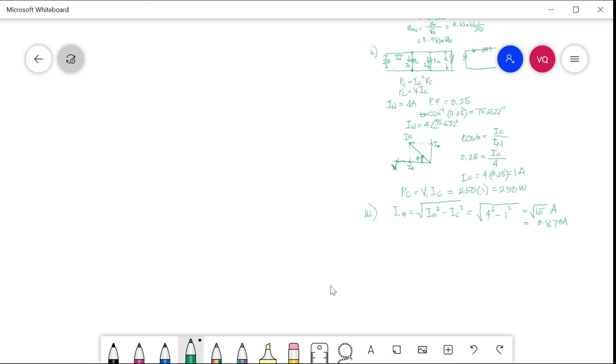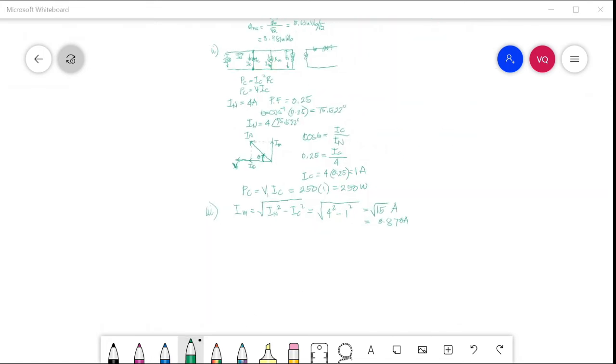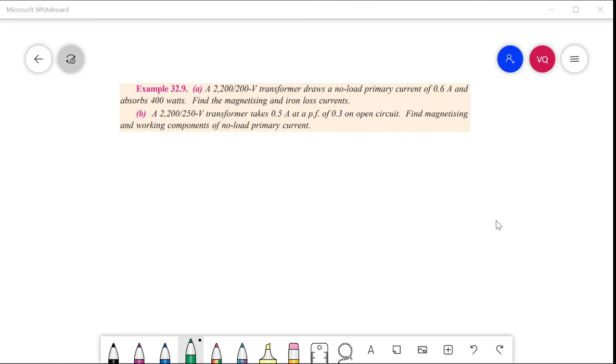Okay, let's have another example. Number 2 example. A 2200/200 volts, so this is a step-down transformer, draws a no-load primary current of 0.6 amperes and absorbs 400 watts.